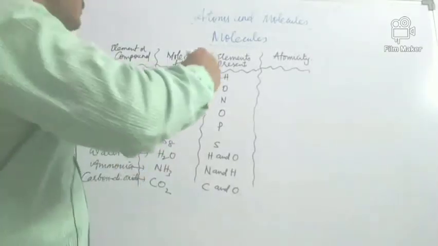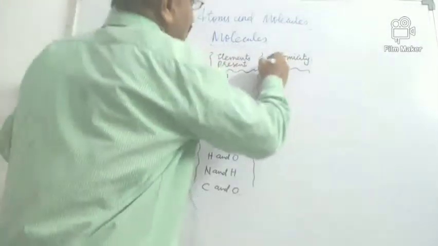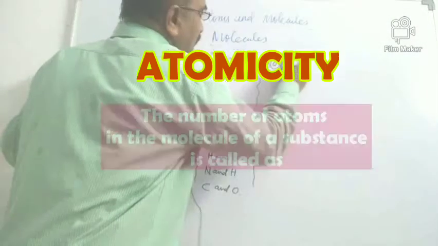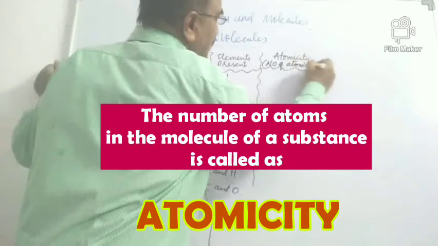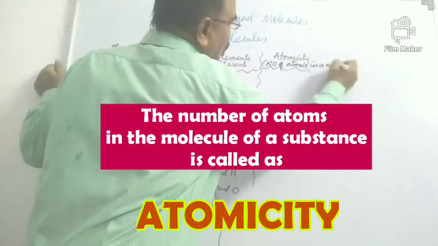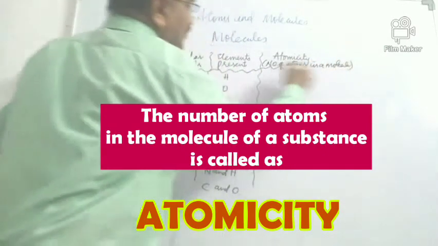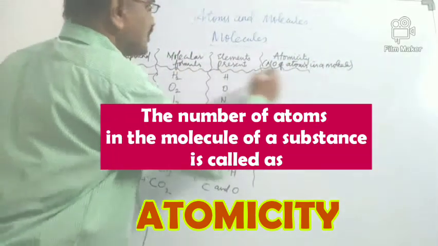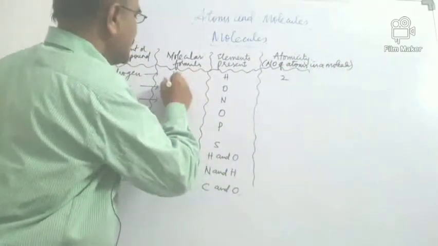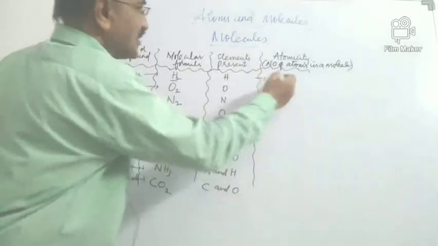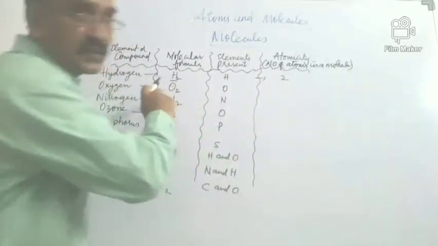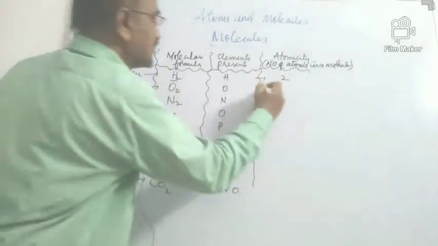Atomicity is nothing but the number of atoms in a molecule. So the atomicity of hydrogen is 2, because each molecule has 2 atoms of hydrogen. What about the atomicity of oxygen? You can find it is 2 again. And what about nitrogen?